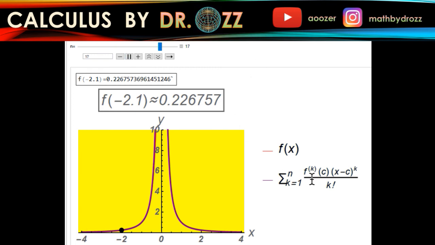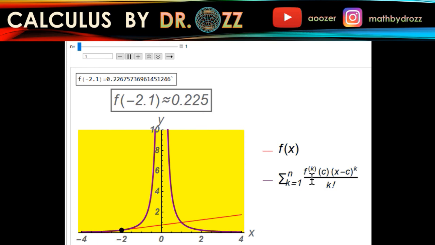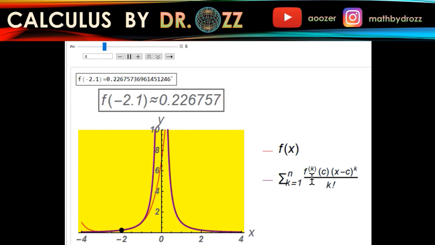So if I run this, as you see, when you increase the order, starting from linear, quadratic, cubic, fourth order, you get closer and closer to the curve 1 over x squared in the neighborhood of -2. And then we were trying to approximate f of -2.1. So we're looking at this value.